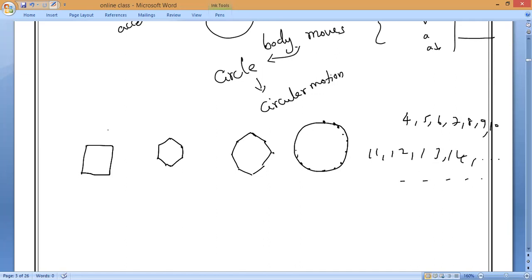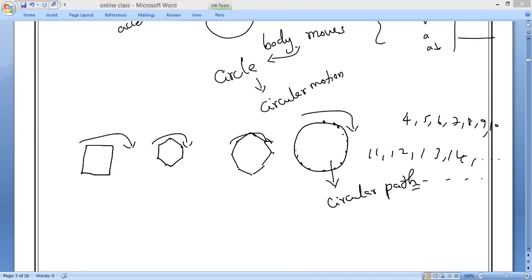Finally, the shape turns into what, guys? It will turn into a circular path. If you keep on increasing the number of sides, the shape of the body will turn into a circular track. So an infinite number of sides, if we keep on increasing, leads to the circle.